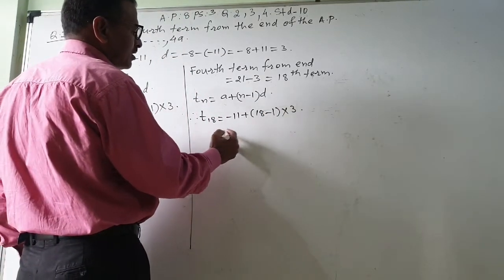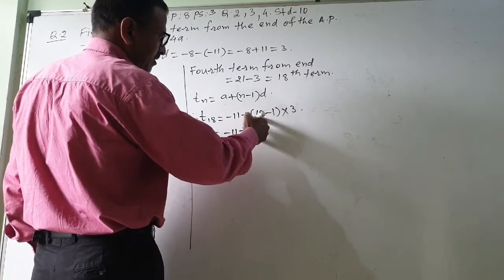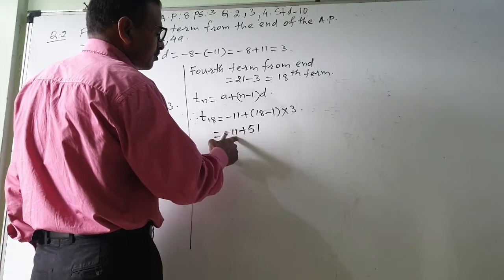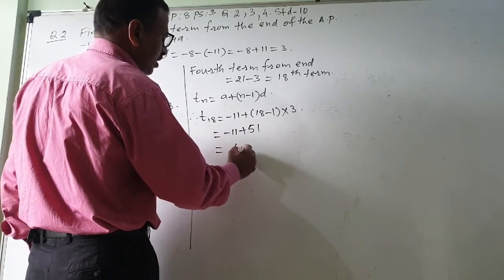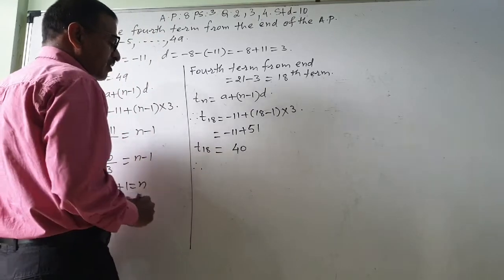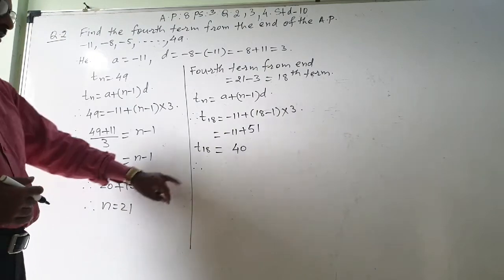Therefore T18 is equal to minus 11 plus 17 into 3, that is 51. So this is equal to, minus 11 and 51, 40. T18 is equal to 40. Therefore the answer you will write: the 4th term from the end is 40.